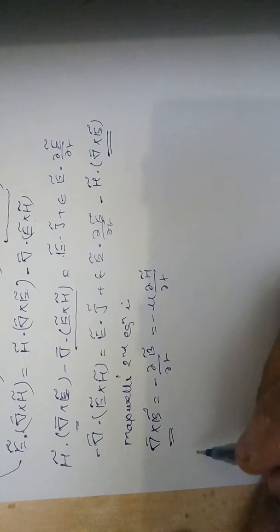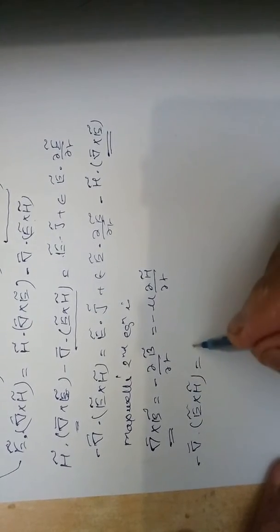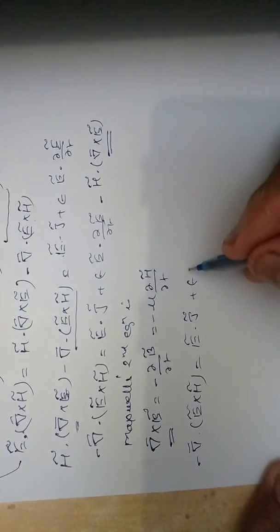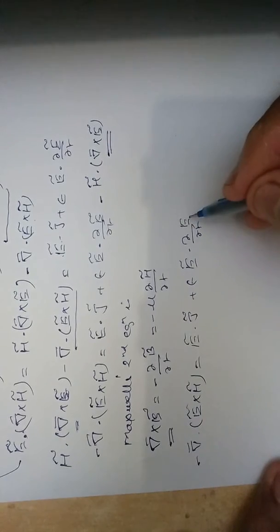The equation will look like this: equals E dot J plus epsilon E dot del by del t of E.